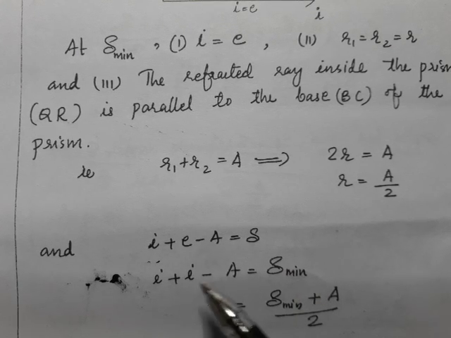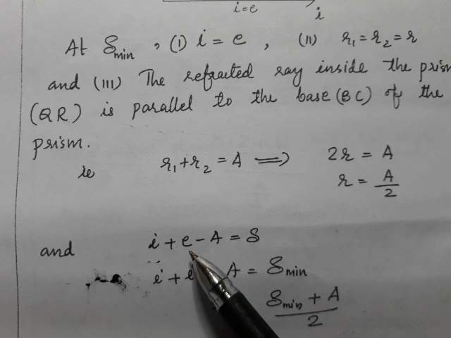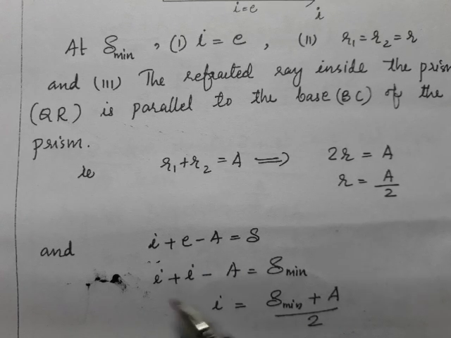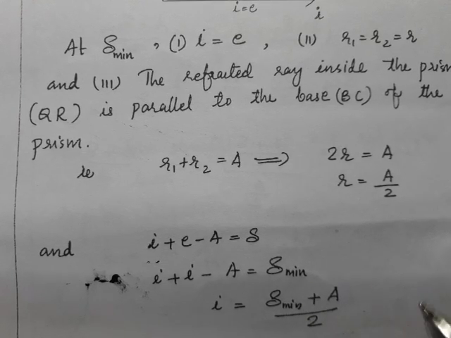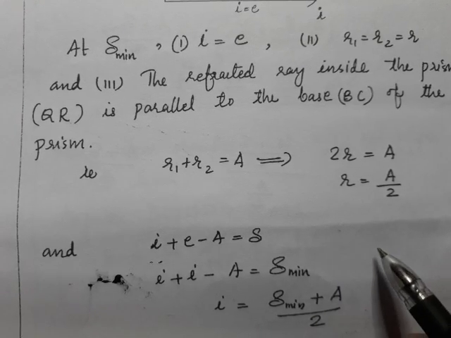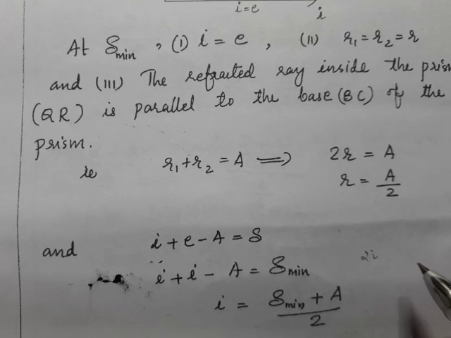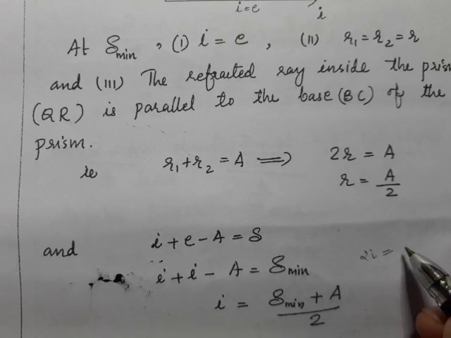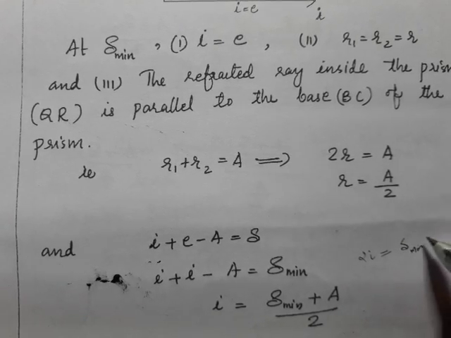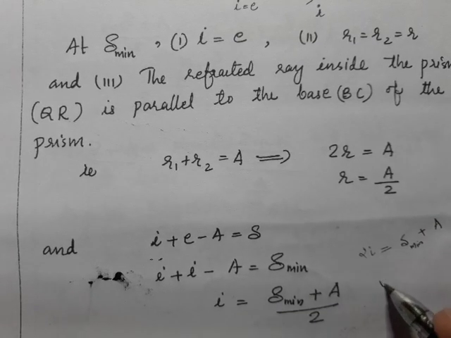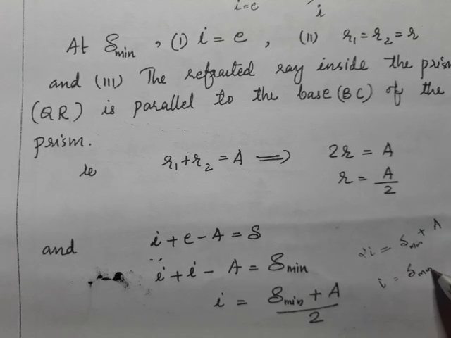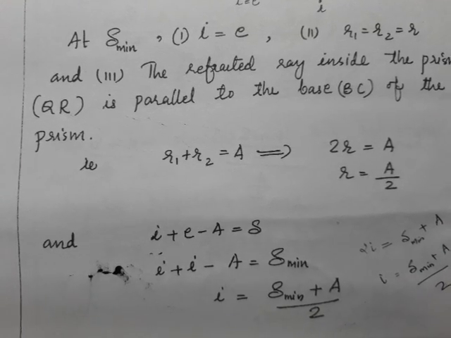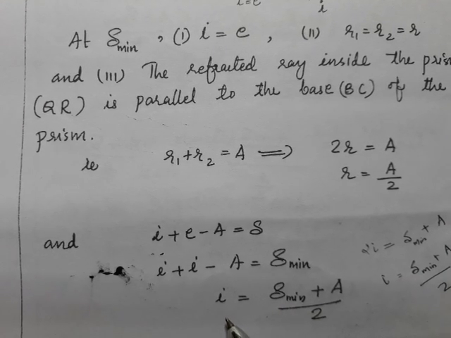Delta minimum is equal to I plus E, which is again I itself, minus A. So 2I minus A is the angle of minimum deviation, which will give you 2I equal to delta minimum plus A, or I is equal to delta minimum plus A by 2. For this case, I can write angle of incidence is equal to delta minimum plus A by 2.